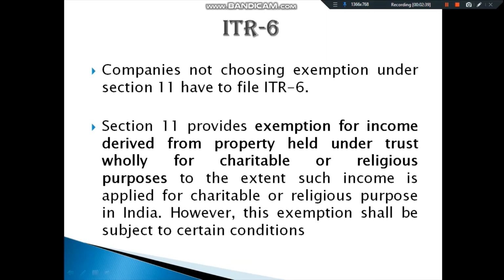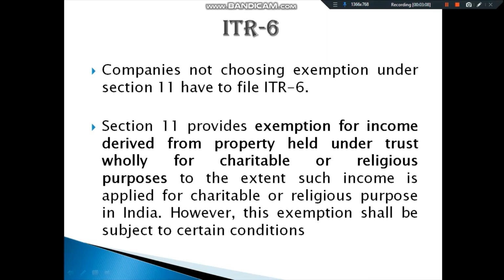So this means that all the companies have to file ITR-6 except section 8 companies. If you are a section 8 company, you cannot file ITR-6, and any other company other than section 8 companies, or not having exemption under section 11, has to file ITR-6. You can't file any from 1 to 5, you just have to file ITR-6.